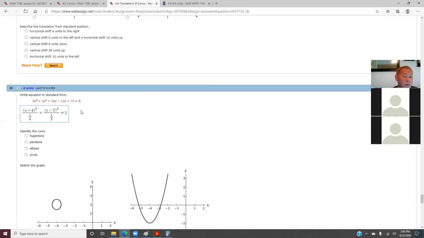Don't forget to put equals 1. A lot of students in the test forget to put equals 1. This is an ellipse.